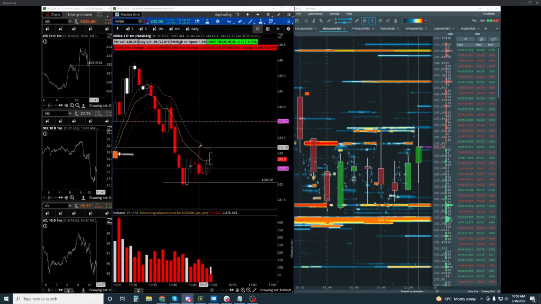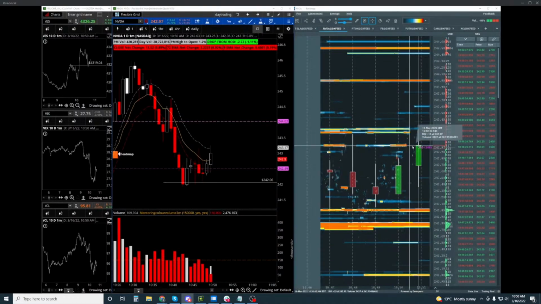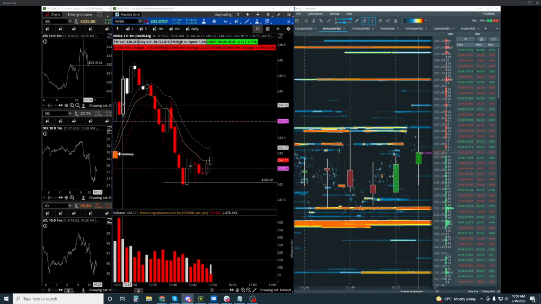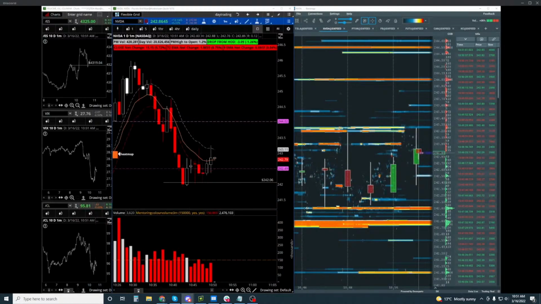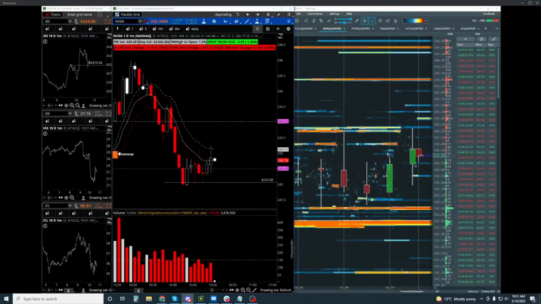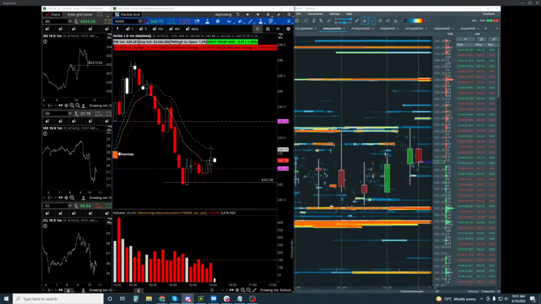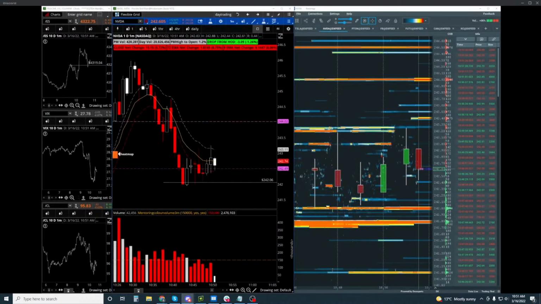Previous side is 243 and 20. Takes patience, traders.